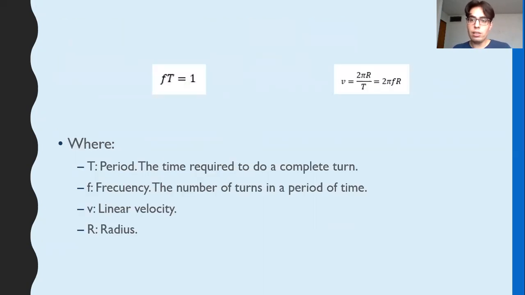Some things that are actually different are gonna be these two. The first one, let me open. Okay. This formula is only telling us that frequency and period are proportional to one another, because as it says down here, frequency is how many spins or turns something makes in a given time, in this case seconds.